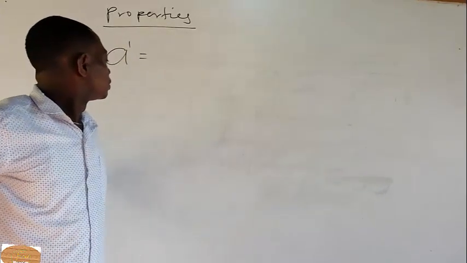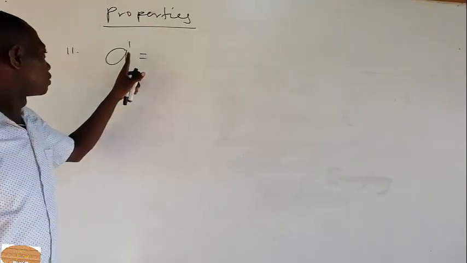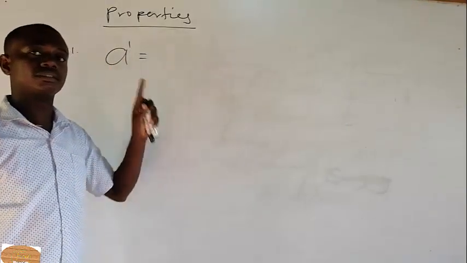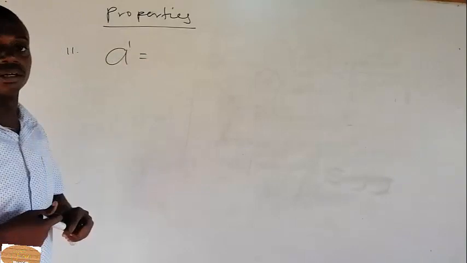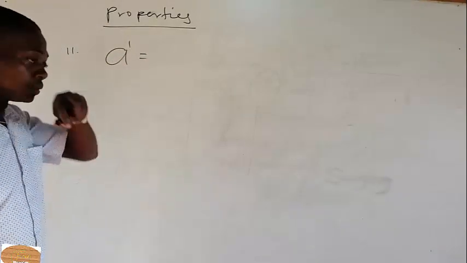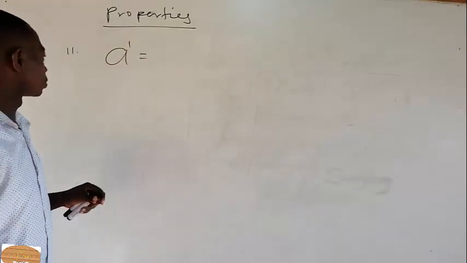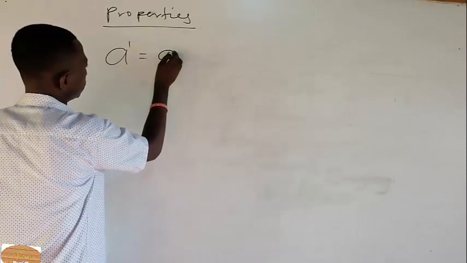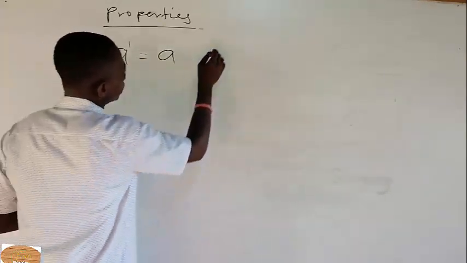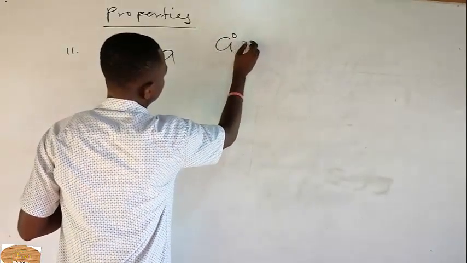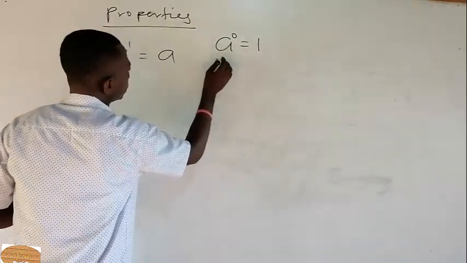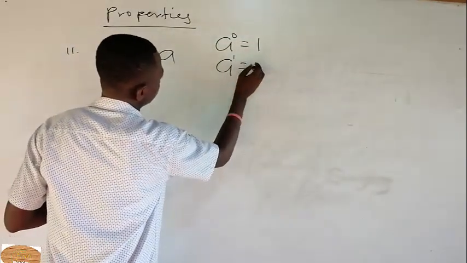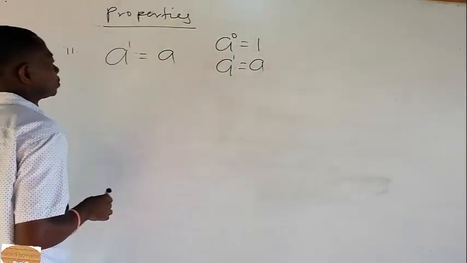So any number to the power 1 is that number. Any non-zero number to the power 1 is that number. So this one is equal to a. So the first one, a to the power 0 is 1. And the second one, a to the power 1 is a. So don't forget this one.